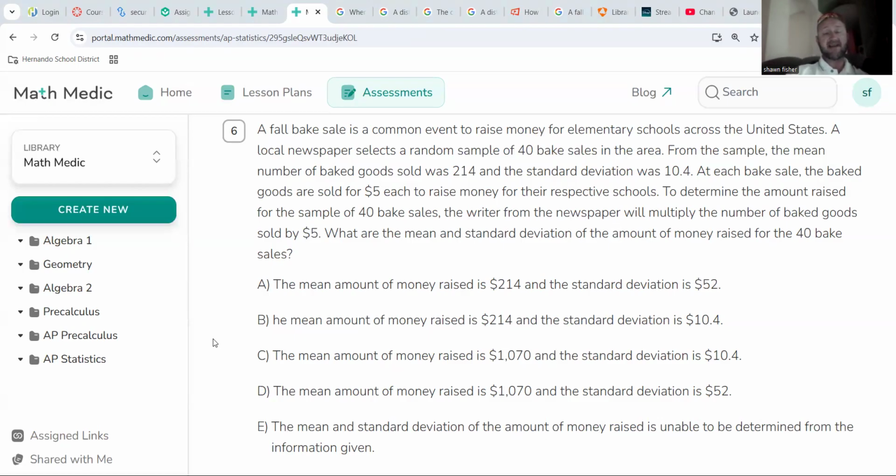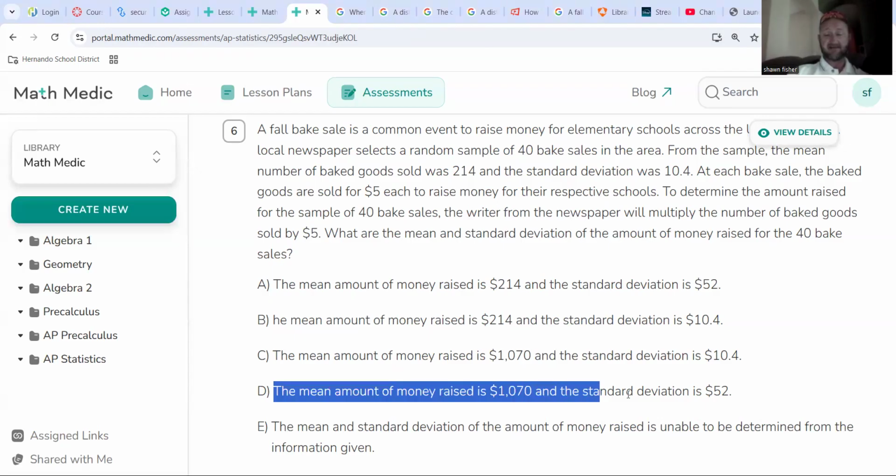So now I've got a mean that is based on the amount of money raised. I've got 214 sold, but I got 1,070 that I raised. Give or take 10.4 sold, give or take $52 in the amount raised. What answer is that? That looks like D to me. This is D. There we go.